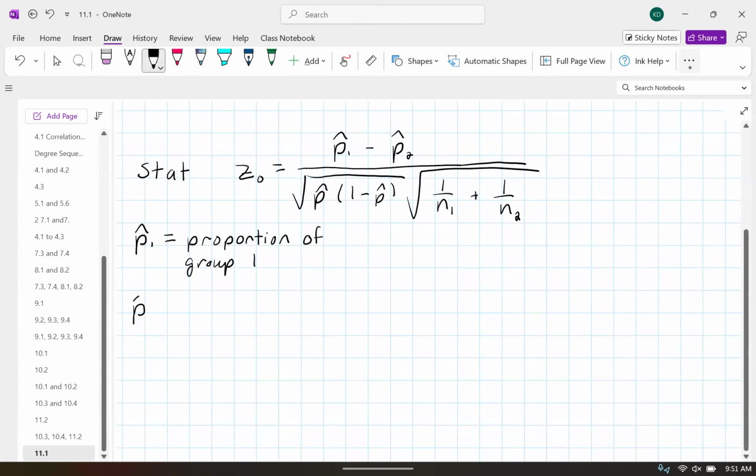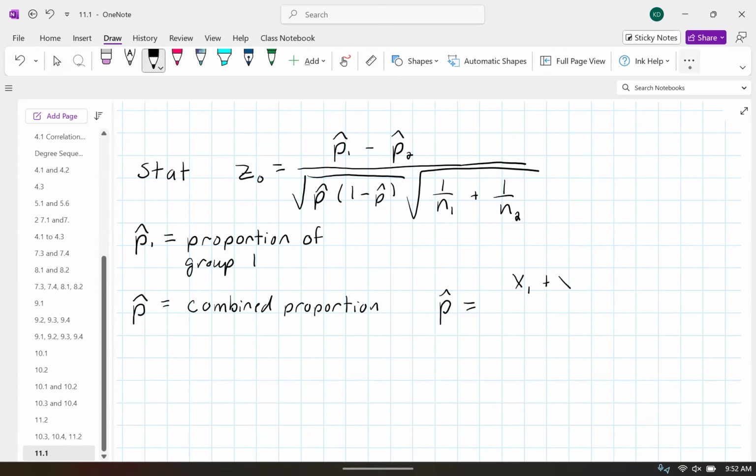The just P hat with no subscript is the proportion, like a combined proportion, let's call it. So we take all of group one, all of group two, put them into one thing and add them all up. We have a formula for this, which is pretty much what I just said. We take all of the group one plus all of the group two, all over the total number in group one plus the total number in group two.